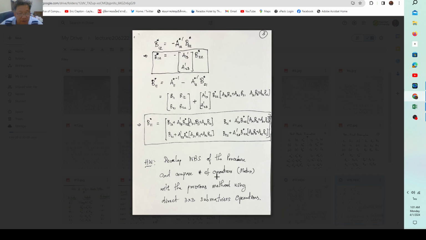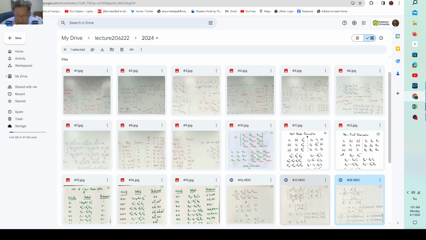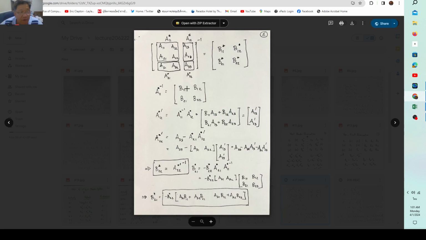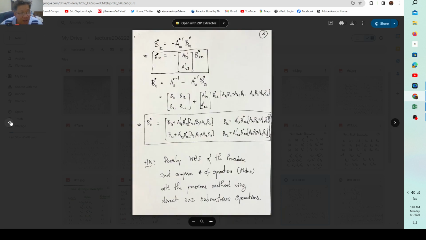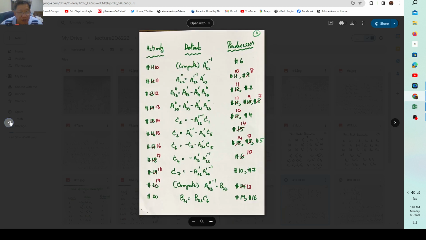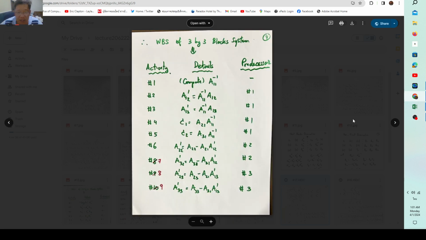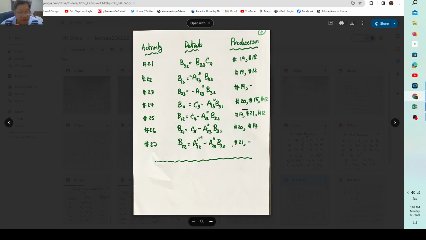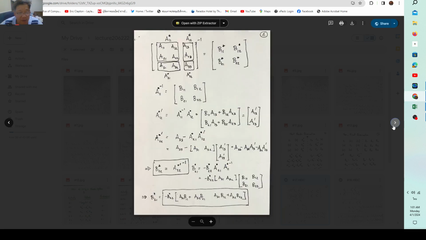So one of the homework that you can do, based on the lecture of this clip, is that can you, from sheet number 17 and 18 over here, develop some work breakdown structure similar to this on sheet 13, 14, and 15, and then compare the amount of computation.